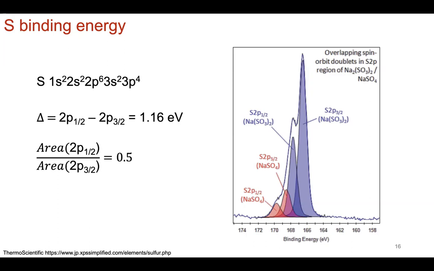What's another way of generalizing that? If you didn't have p, let's say you're looking at d or f orbitals, what would then be the expected ratios for these peaks?